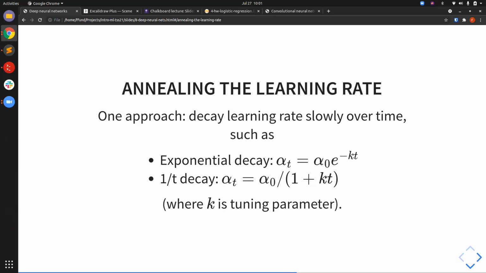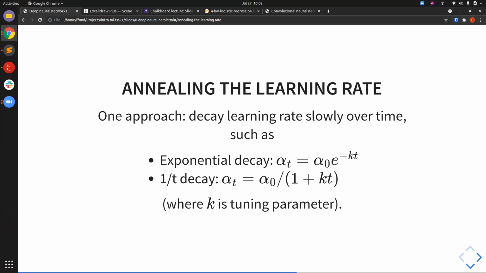So let's say you have exponential decay, where you start off with a large learning rate because you want to move quickly towards the optimal solution, but you assume that over time you're going to make smaller and smaller changes. So you gradually decay the learning rate over time using an exponential function, or this function, which reduces the learning rate by 1 plus k times t. These are both a gradual decay with some tuning parameter k that determines how fast the decay happens.